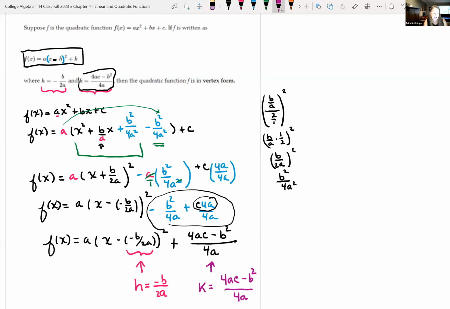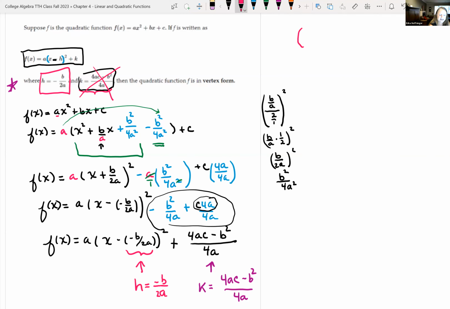So I don't have this memorized. This is something that our book had covered, and I was wanting to show where they got these values. But as long as we complete the square, we can get those values without memorizing this. H equals negative B over 2A, I actually have memorized because of the vertex formula, which we'll talk about in a minute, but I don't have this K value.